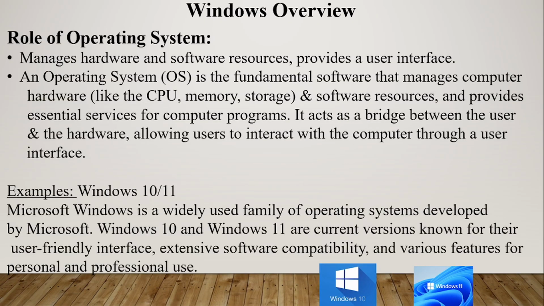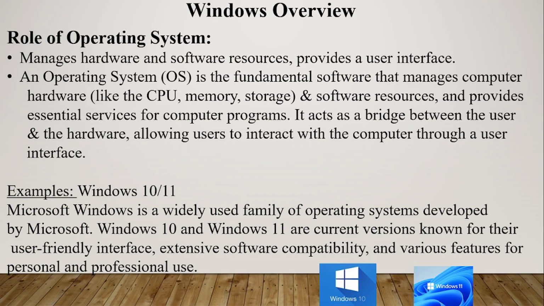Let's begin with an overview of what an operating system does and why Windows is so widely used. An operating system or OS is the core software that manages your computer hardware like the CPU, memory and storage.